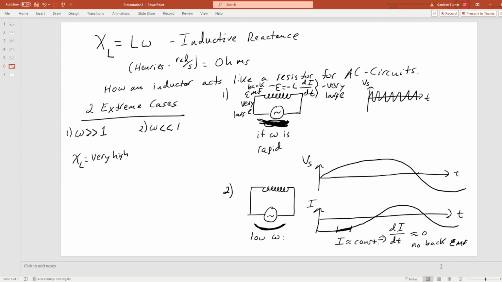And if there's no back EMF, then there's nothing to fight the current. So when you have very low omegas, your reactance from your inductor is also very low. And it acts like an open circuit.